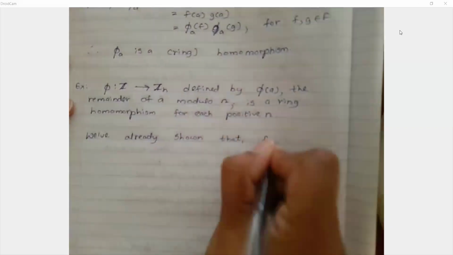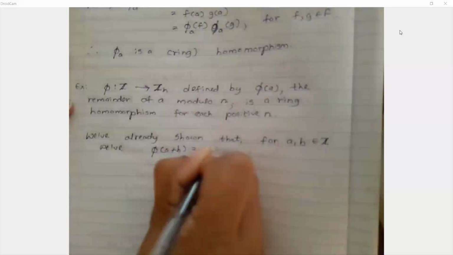So I'll write, we have already shown that for A, B in Z, we have that phi of A plus B is simply phi of A plus phi of B. So we only have to prove the multiplicative property.